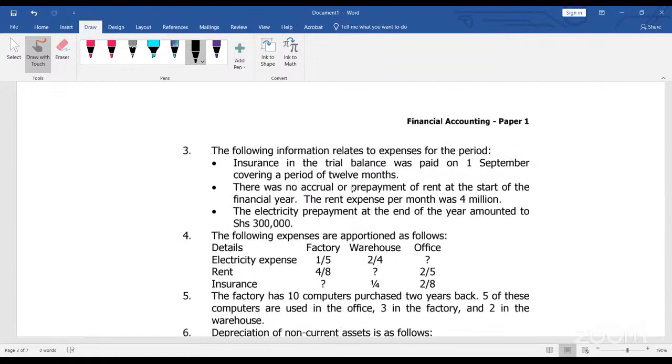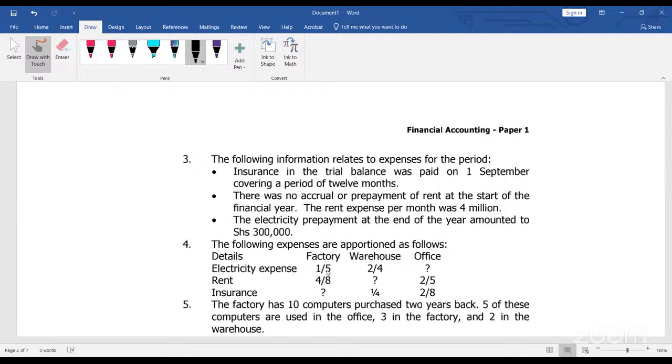Electricity expense, we are going to take 1/5 to the factory. But before you allocate, first check, because you may have what we call end of year adjustments. You may find that you have some accruals, some prepayments.